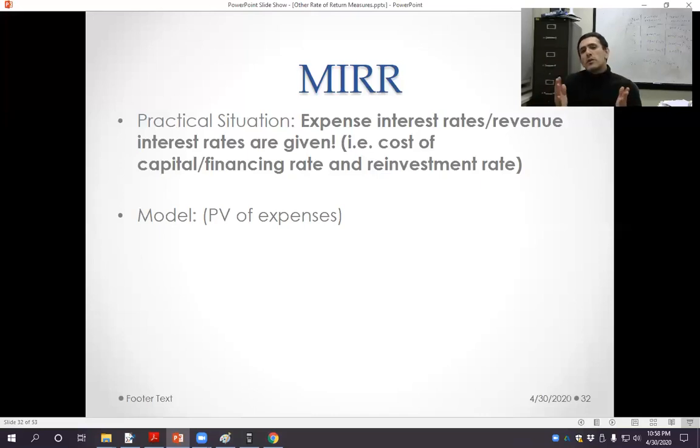How much money do you need to make that strategy work? You need exactly the present value of rent payments. How much money do you need to set aside in your account to make the strategy work to finance your project? You need the present value of expenses. Okay, that's how much you need to invest right now.